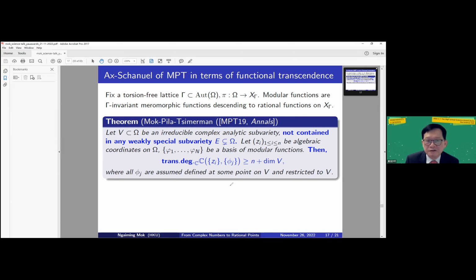This in differential geometric terms simply means totally geodesic subsets, not just on Omega, but on the quotient also, the totally geodesic subsets.